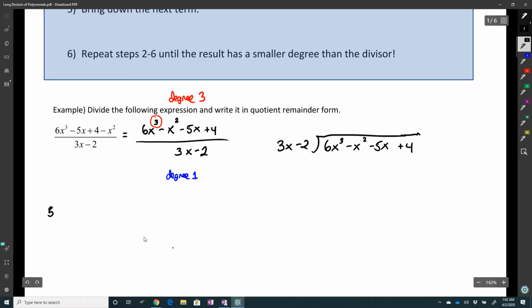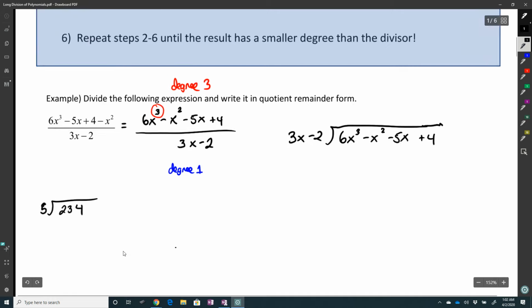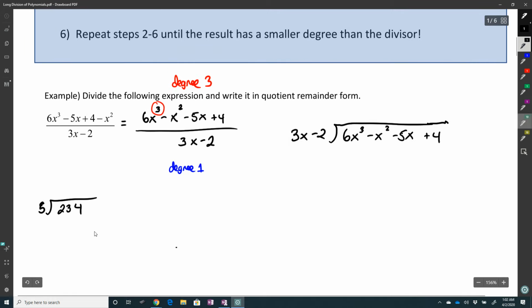So if I did 5 over 234, my first task is how many times does 5 fit into 23? Well, when you're dealing with polynomials, we're going to ask ourselves the same question. How many times does 3x minus 2 fit into this problem? But since we're so used to numbers, we kind of do a lot of steps mentally. What you could do to figure that out is you look at the leading term.